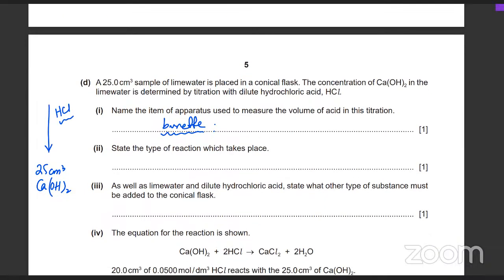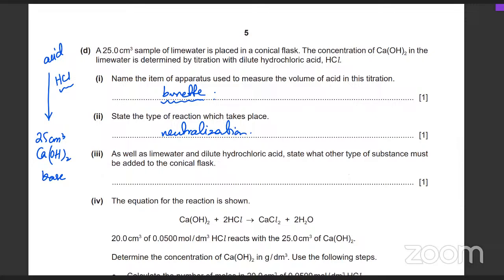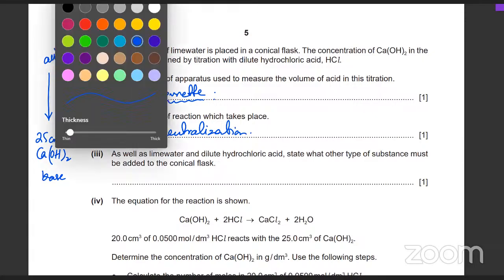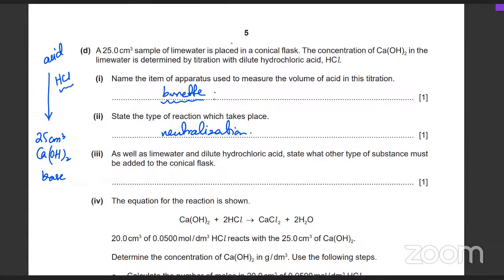Yes sir. As a type of reaction, that's neutralization, because it's an acid, and hydroxide is a base. So it's an acid-base neutralization reaction. And I think they asked for the equation. State what type of substance must be added to the conical flask. Always remember that in the conical flask at the bottom, you add indicators. So an indicator has to be added.